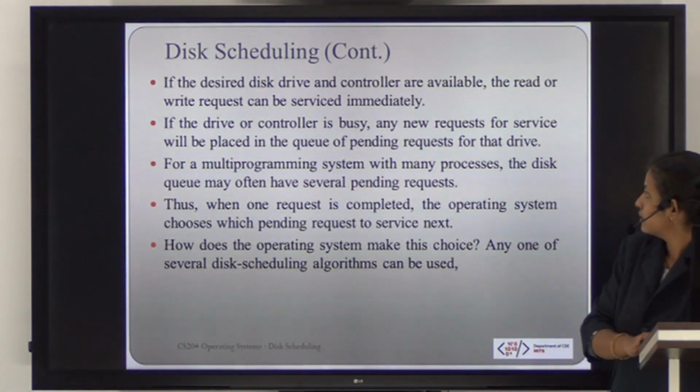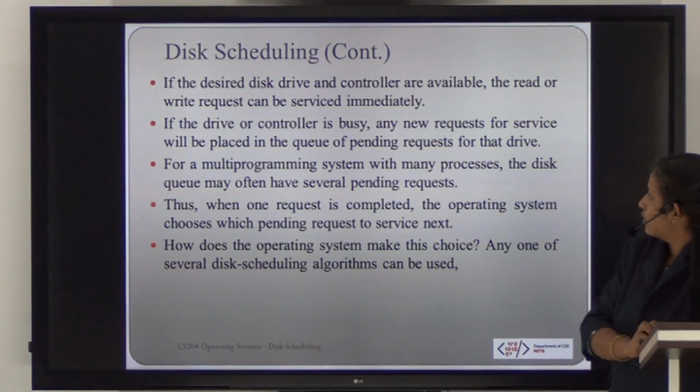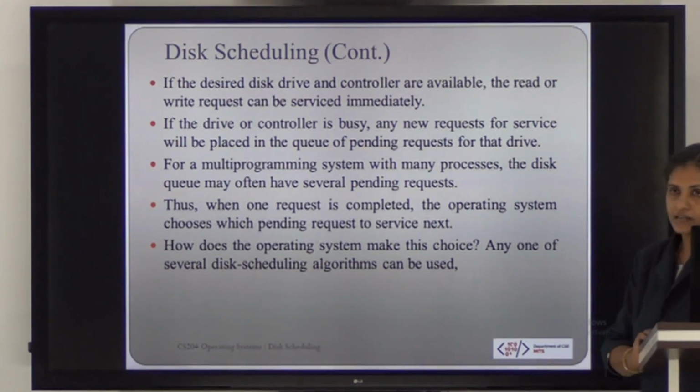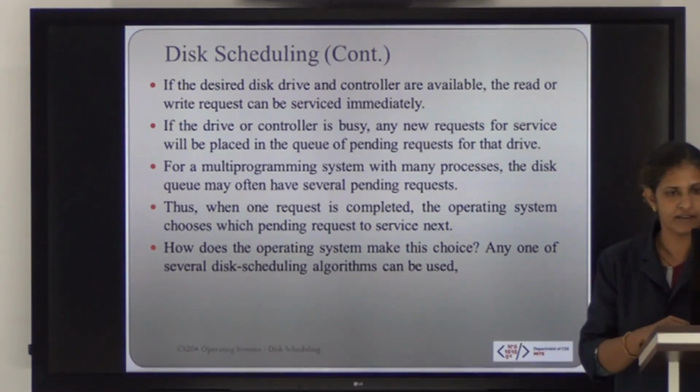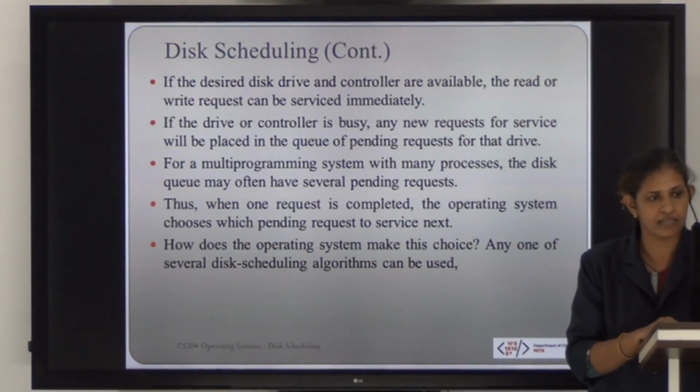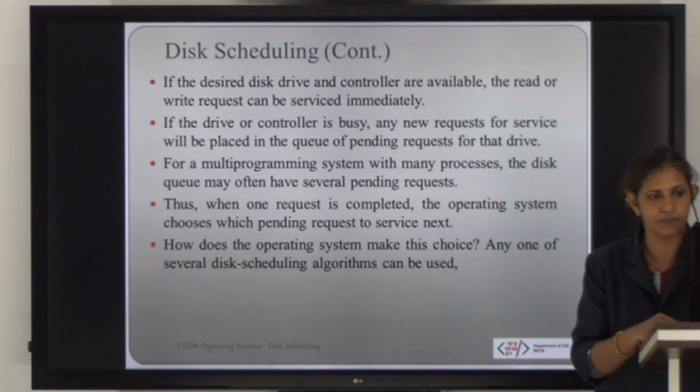If a particular request comes and the disk drive and controller are available, the read or write request can be serviced immediately. And what will we do if the controller is busy? Then any new request for service will be placed in the queue of pending requests for that drive.